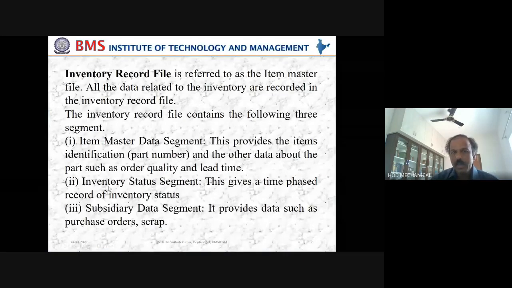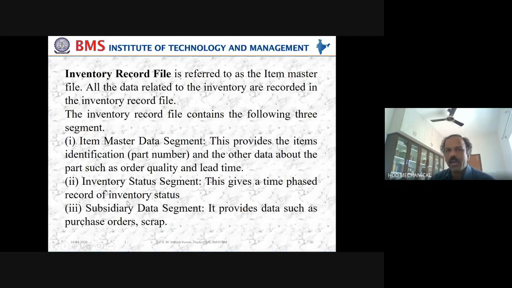Then the second one is the inventory status segment. It gives a time-phased record of inventory status. That means you have procured the raw material, and once you have procured it, you will start to use it day by day. As you use the raw material, consumption is going to occur.